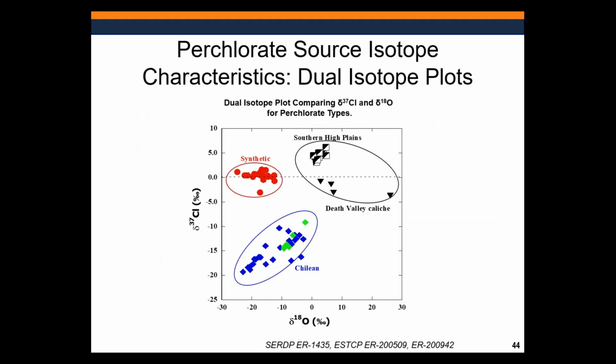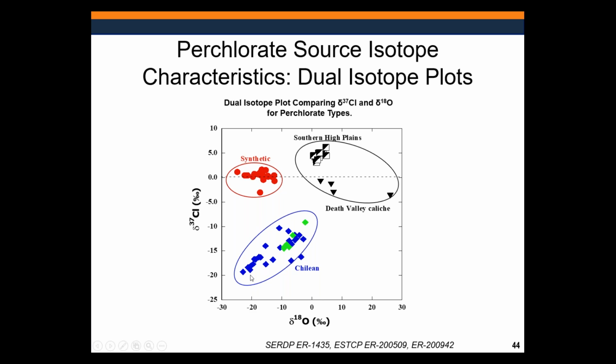And if you started looking at sources, and again, this is another dual isotope plot, oxygen versus chlorine, what you see is that all of this material from Chile, and these are just caliche, the blue is just caliche samples, whereas the green are actual historical fertilizer samples. The chlorine in these is much, much lighter than you see in any of the synthetic perchlorates.